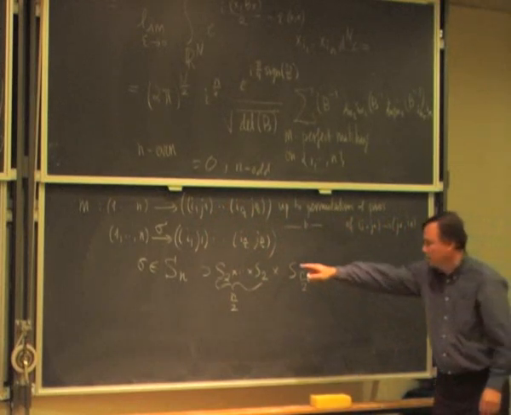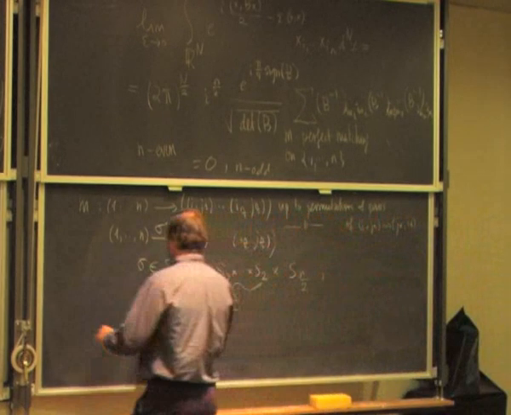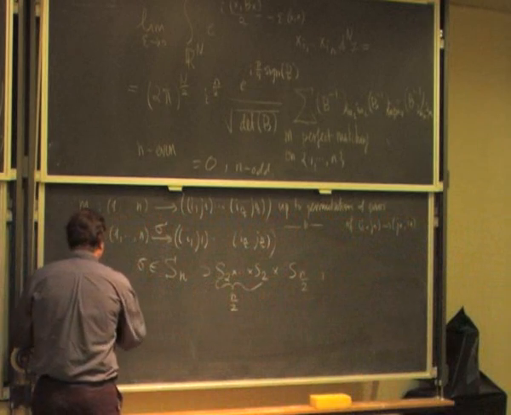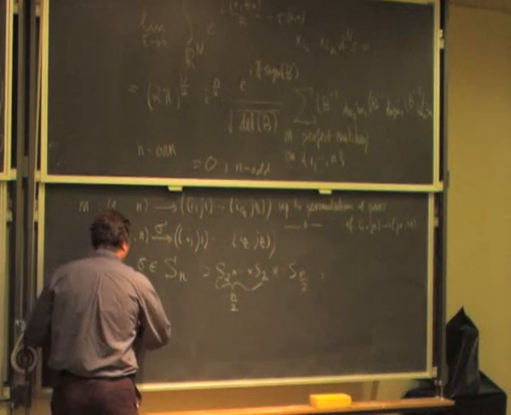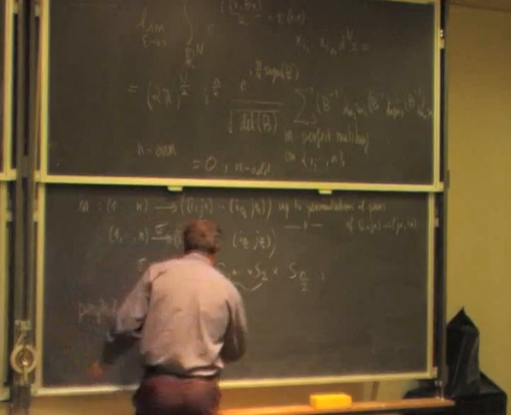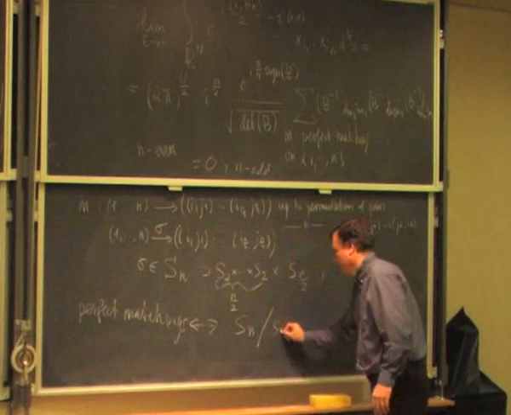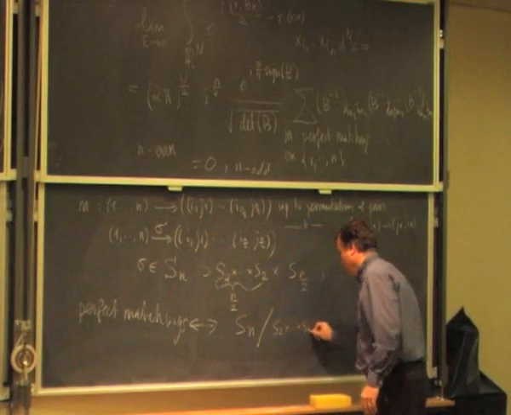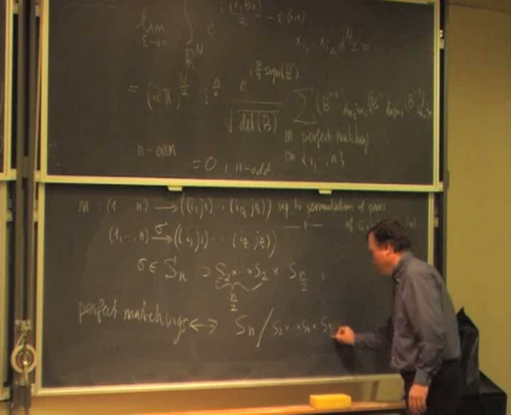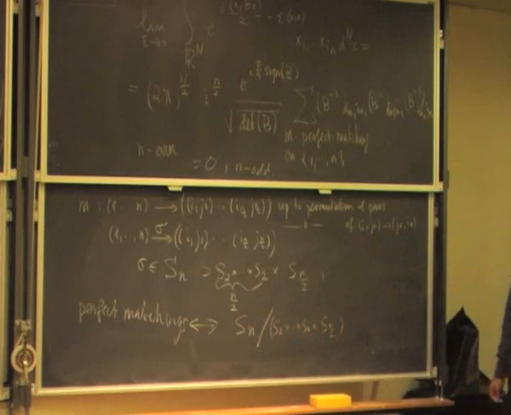So this Cartesian product of subgroups is a subgroup in S_n, and perfect matchings can be identified with the quotient space: permutations modulo the action of this subgroup.